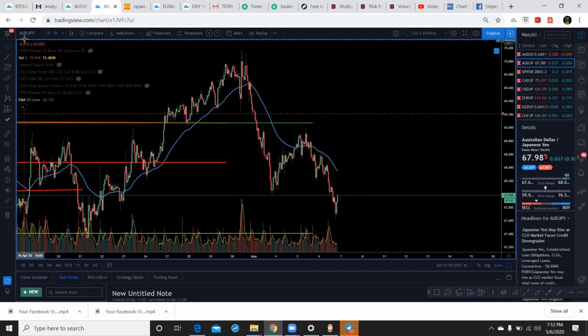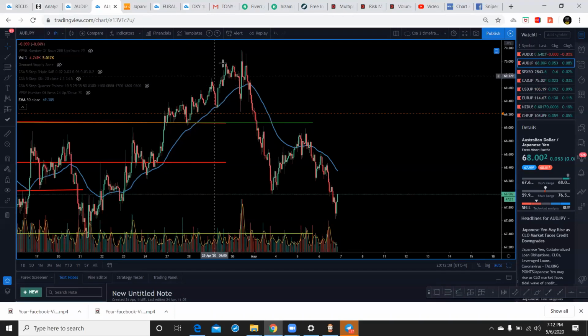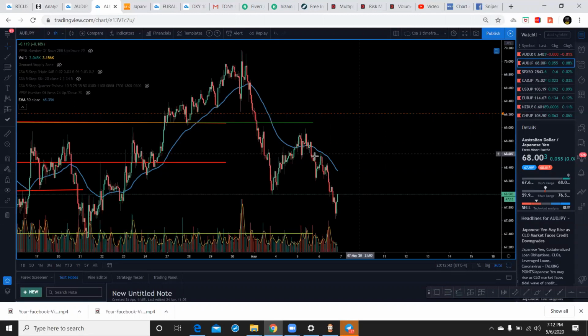He went from AUD money to yen money, making the yen worth more value. Sold the AUD, switched over to yen, so there's more yen than there was AUD, and it caused AUDJPY to drop.